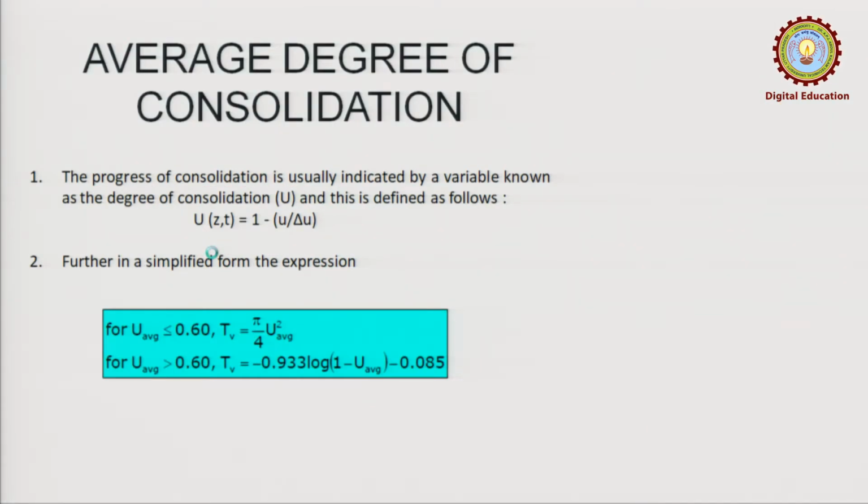Now, average degree of consolidation. What is degree of consolidation? That is U only. This is expressed in percentage, we have already talked about it.